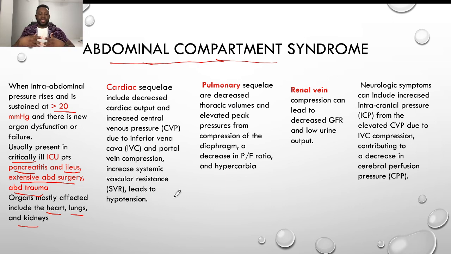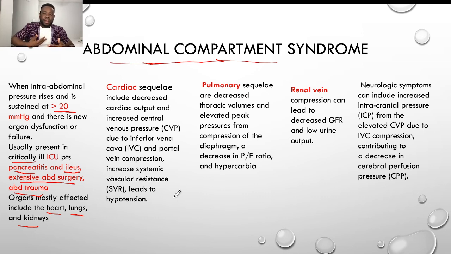What happens is that this high intra-abdominal pressure is being transmitted into the thorax. It's going to push against the lungs, so we are going to have problems with the lungs. That pressure is going to increase the intrathoracic pressure, so venous return is going to be affected.